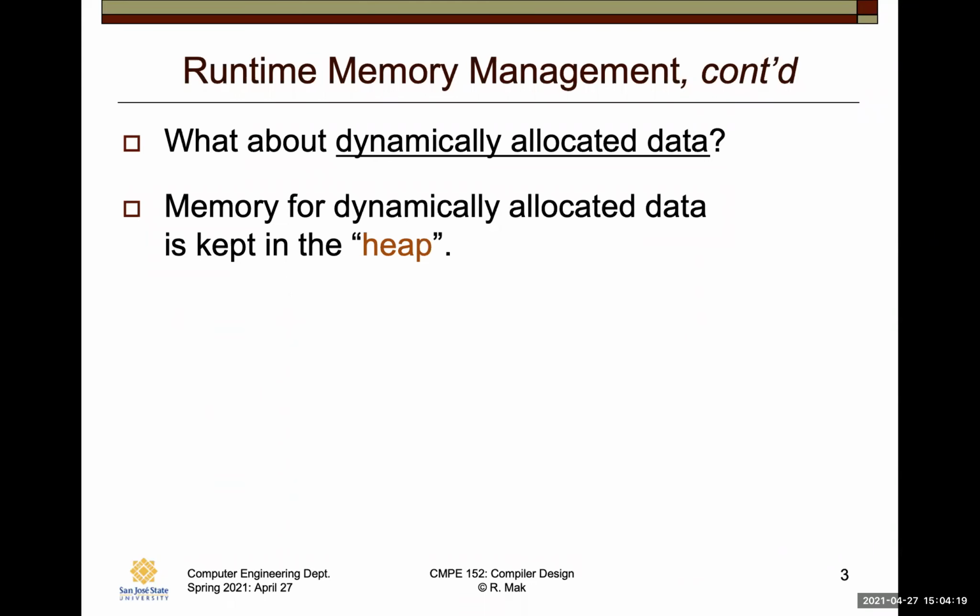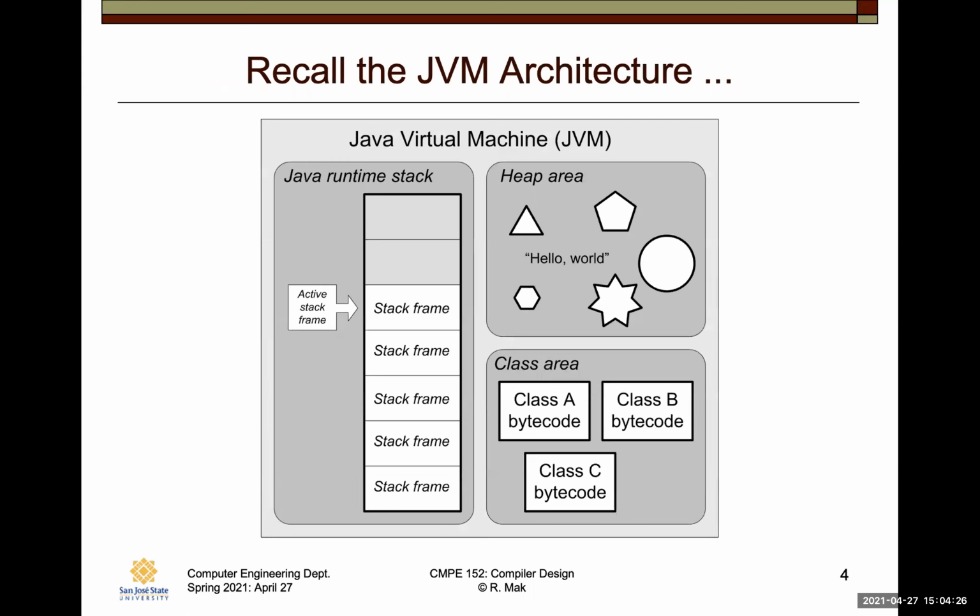I said it goes into an area of memory known as the heap. And if you remember our very simplified diagram of the Java virtual machine, here's the runtime stack, here are the stack frames, and then here's the heap. And so whenever we create an object, the object's actually created out in the heap.